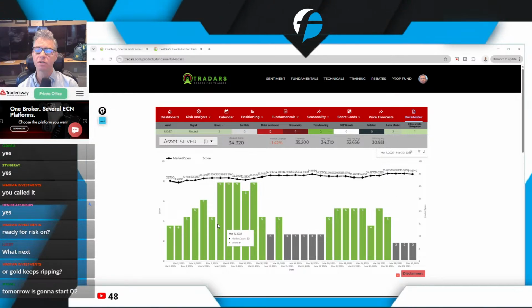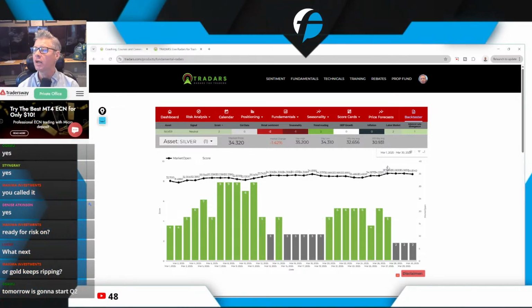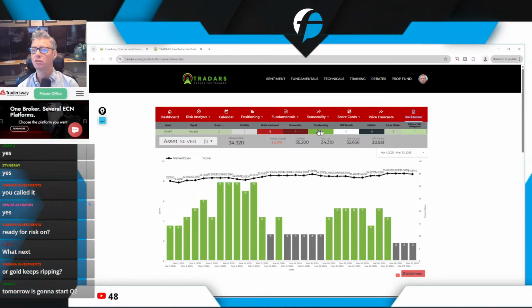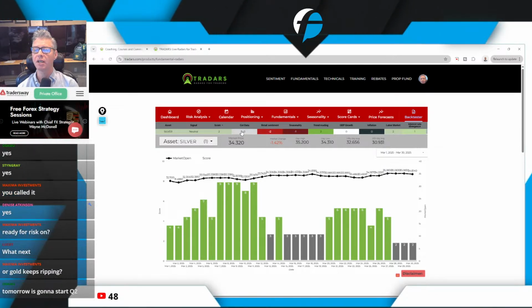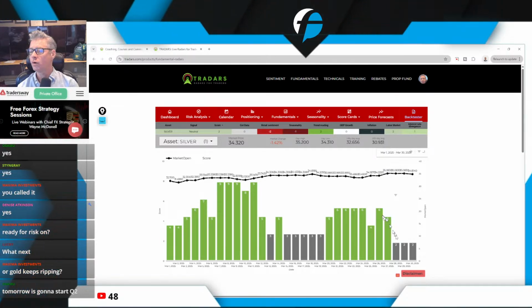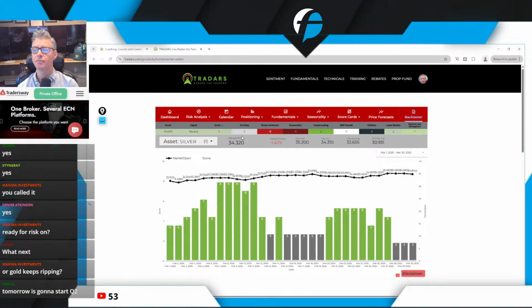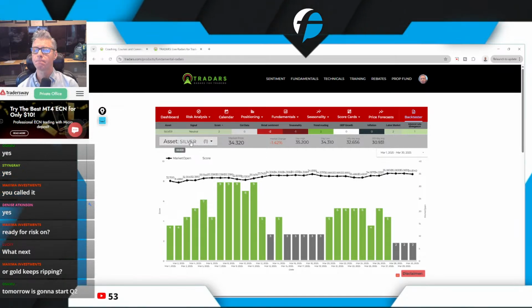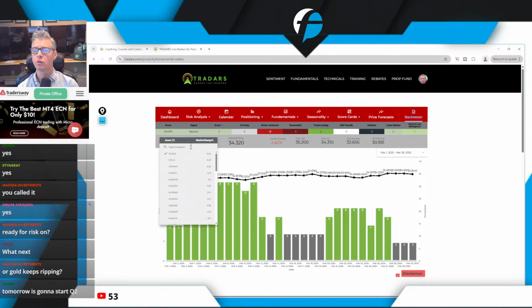These bars are the score when looking at interest rates, jobs, inflation, productivity, statistical trends, seasonality, retail positioning, and institutional positioning. We're at 2 right now. It's not amazing. Gold is better.